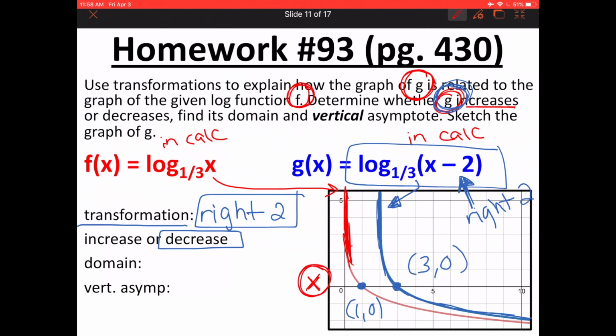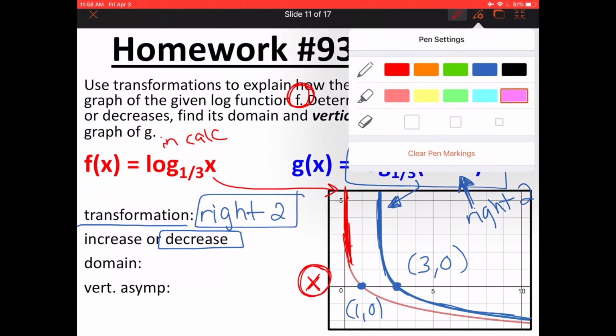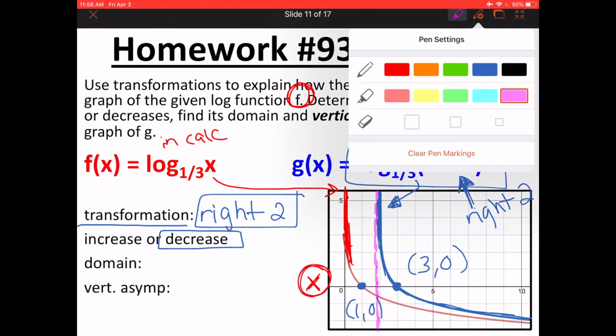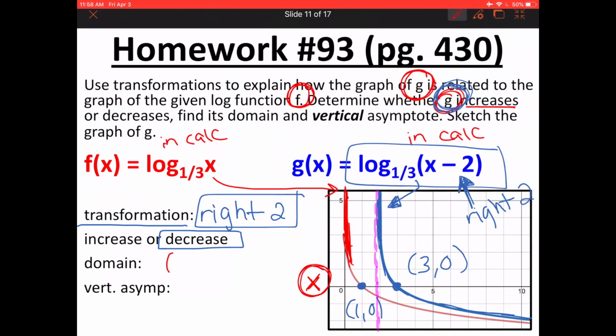So where on the x-axis can this graph travel? And notice, this graph never goes past 2 on the x-axis, okay? And since that is an asymptote, that means I'm going to write my domain starting at 2.